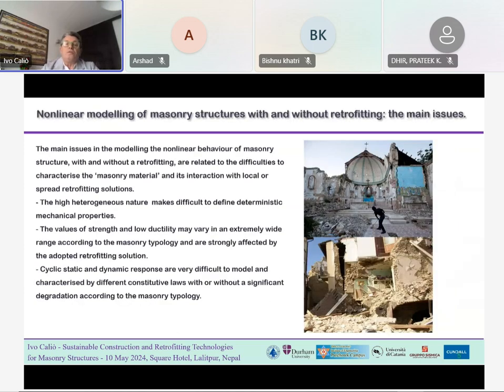The main issues in modeling the nonlinear behavior of masonry structures with or without retrofitting are mainly related to the difficulties in characterizing the masonry material.